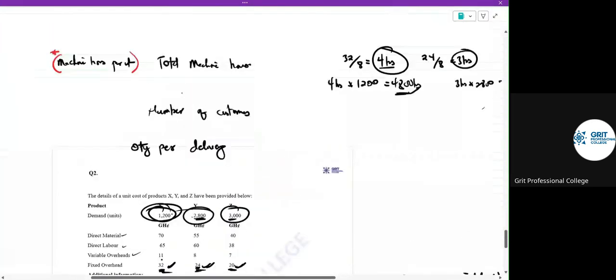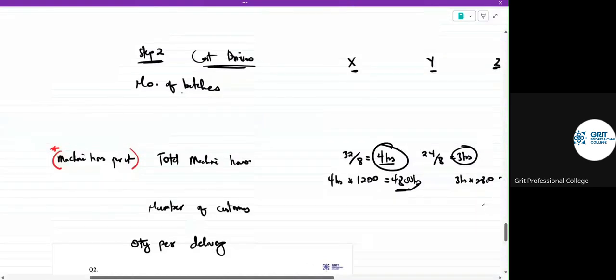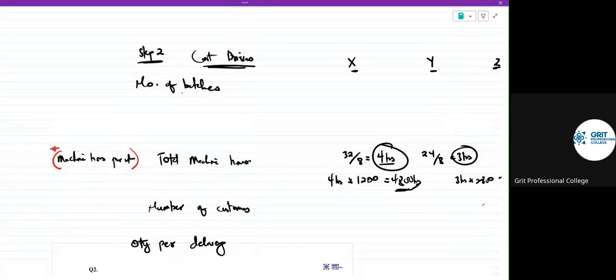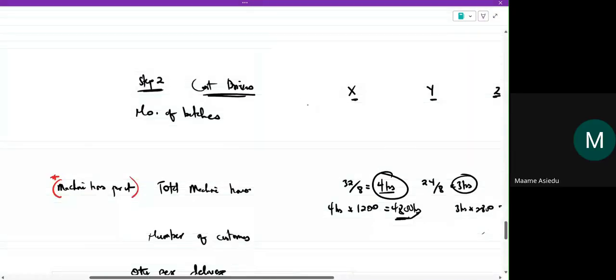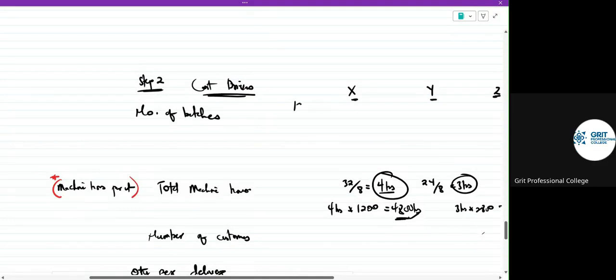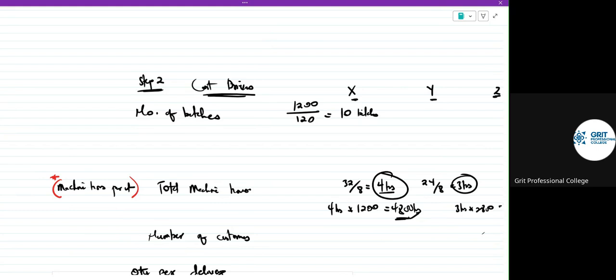The question is, how many batches of product do you have to produce to cover the entire 1,200 for X? So 10, simply, right? So that would be 1,200 divided by 120. Okay, and that would be what? 10 batches. Simple.